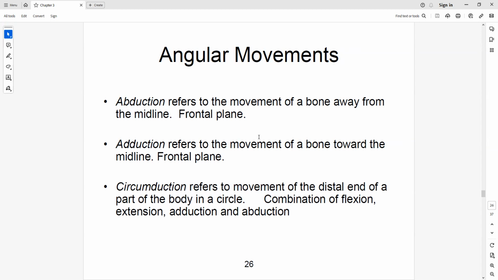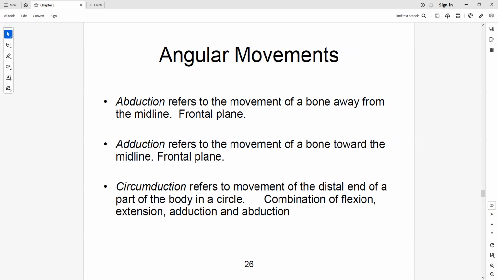Let's change the angle between articulating bones in the frontal plane. Again, think about the thigh, the femur. If you move your femur away from the midline, your femur will be moving laterally, sideways in the frontal plane.